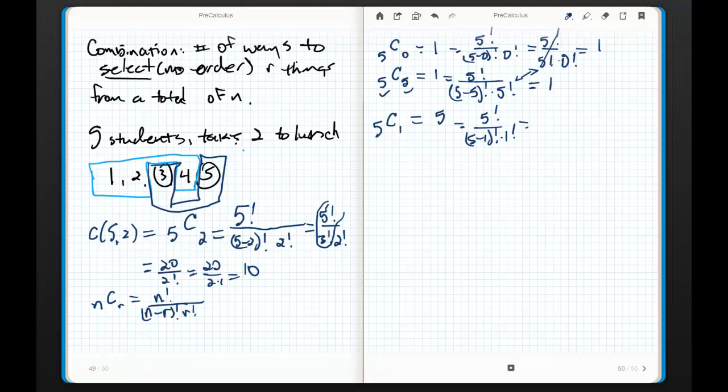Well, 5 minus 1 factorial is 4 factorial, so this is 5 factorial divided by 4 factorial times 1 factorial. 1 factorial is just 1, and we know from prior experience that that's 5. Can you see why this is exactly the same thing? Think about it. How many ways are there to select 4 from 5? Well, isn't that exactly the same thing as saying how many ways is there to leave one student? Which, if you think about it, is identical to taking that one student. All right? Nothing to it.